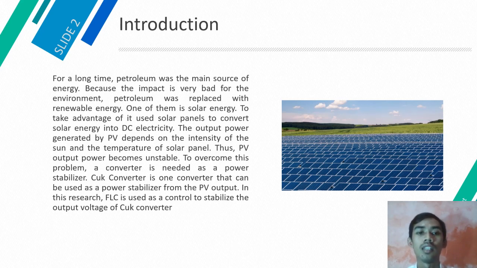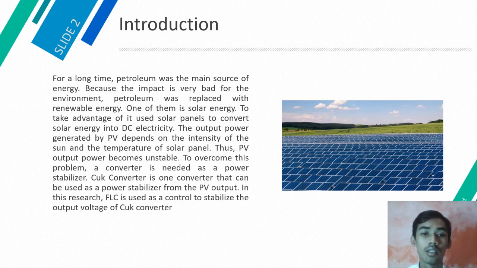To take advantage of it, solar panels are used to convert solar energy into DC electricity. The output power generated by PV depends on the intensity of the sun and the temperature of the solar panel. Thus, PV output power becomes unstable.